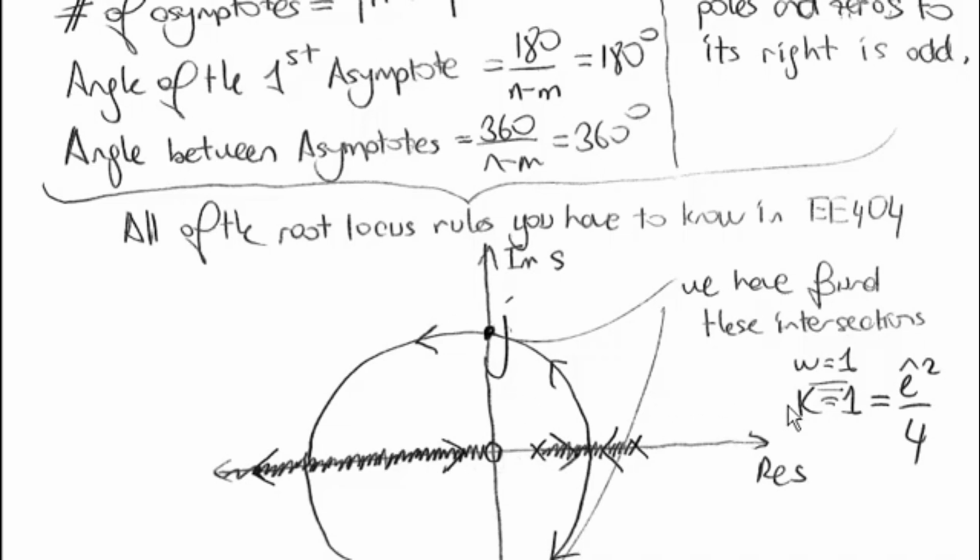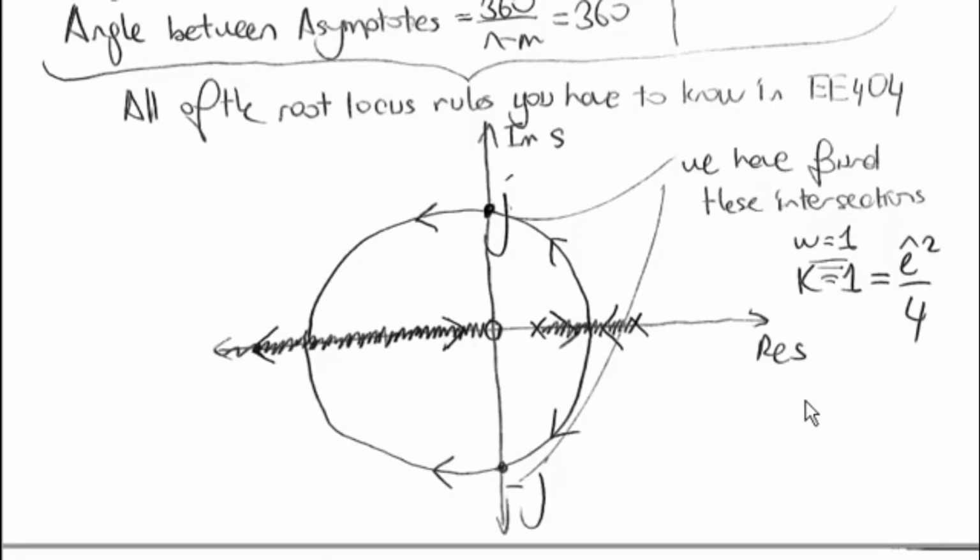So we know that here at k equal to 1, which is e hat square over 4, we have closed loop poles exactly on the imaginary axis. So these are just these 2 points, as you see. These 2 points are at j omega when omega equals 1. So I have j here and I have minus j here.